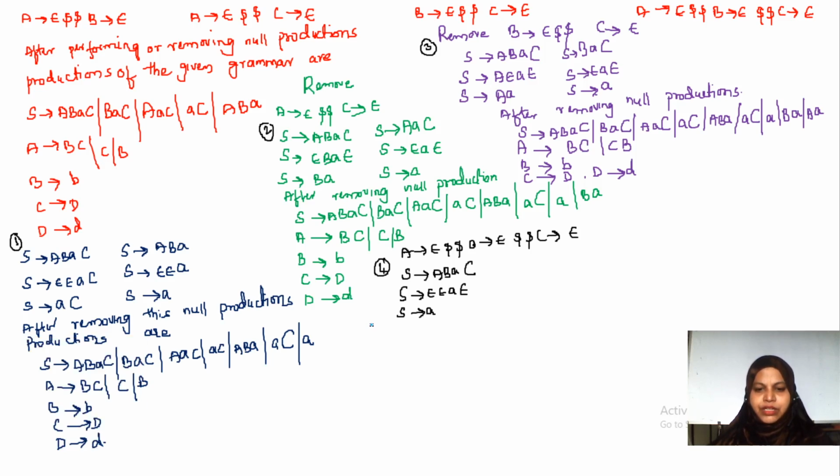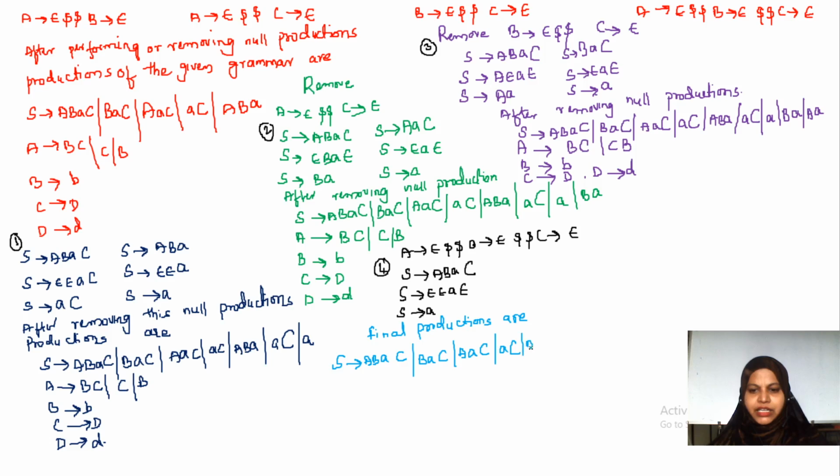Now, what are my final productions? S tends to A, B, A, C, B, A, C, A, C, A, B, A, C, A, B. Already this A is there. I just need to write this A here.